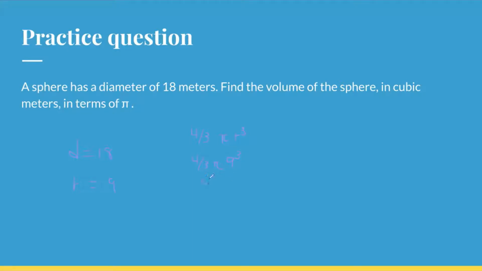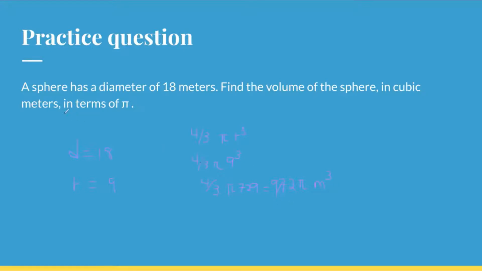Then it becomes 4 over 3 times pi times 729, which equals 972 pi cubic meters.